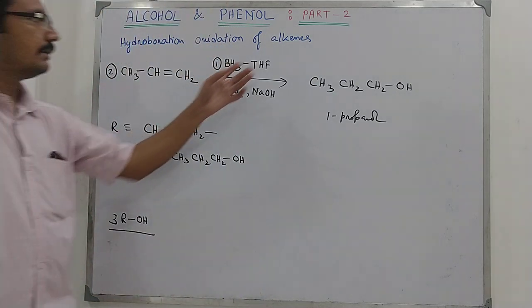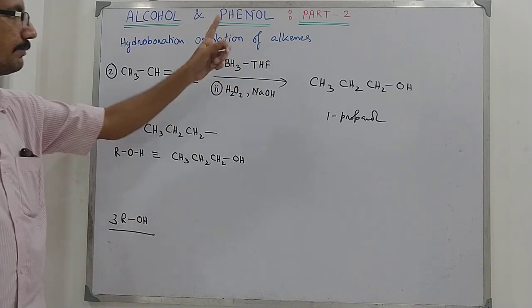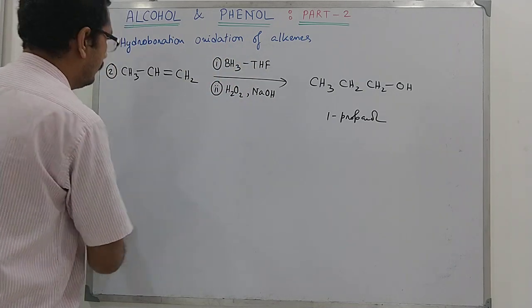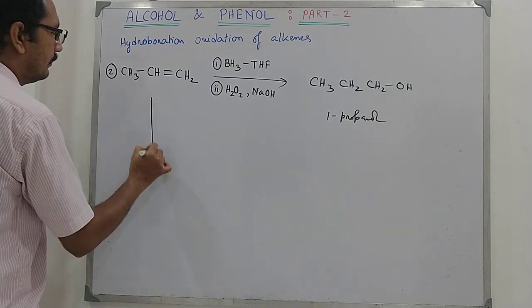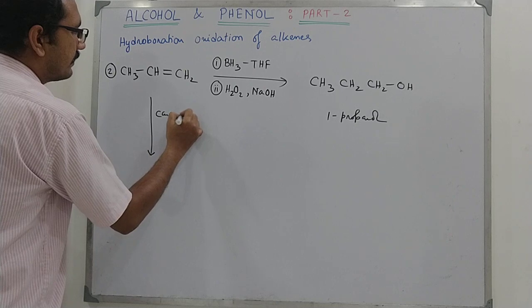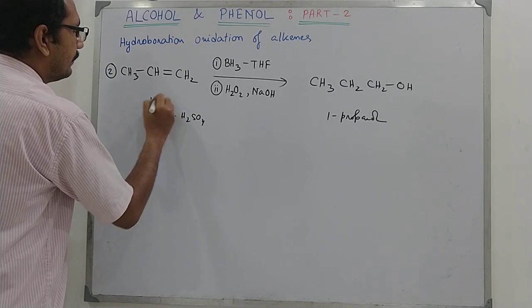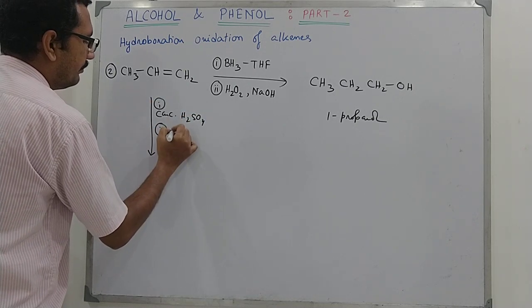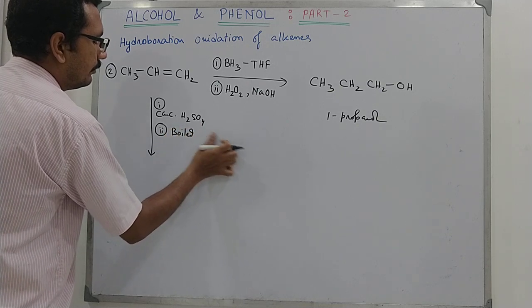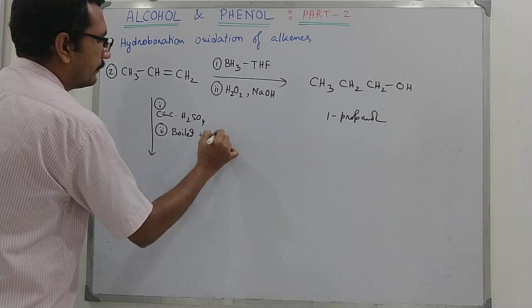Now if you can remember the lecture part 1, this is a revision of part 1, where we have used concentrated H2SO4 in the first step, and then we have boiled the intermediate with water.